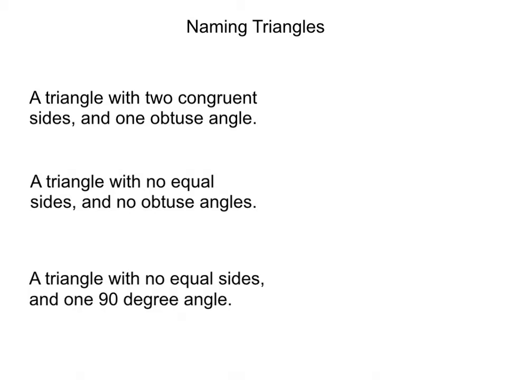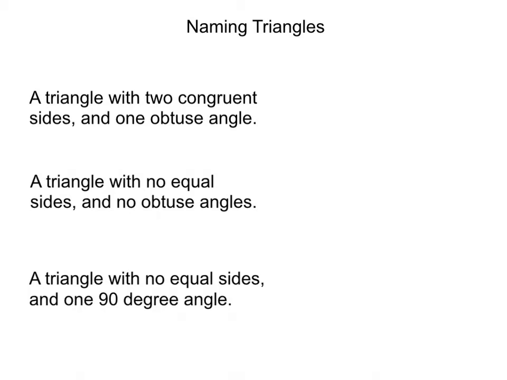So what we're going to do is look at the three different descriptions that we have here on our screen, and we're going to figure out how to name or describe each triangle so that people can see it quickly and understand what it looks like. If we look at the first one, it says it's a triangle with two congruent sides and one obtuse angle.